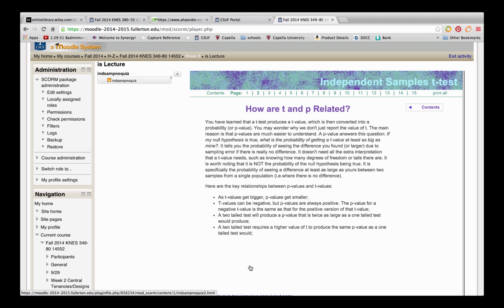The p-value answers the question, if my null hypothesis is true, what is the probability of getting a t-value at least as big as mine? It tells the probability of seeing the difference you found or larger due to sampling error if there isn't really any difference.